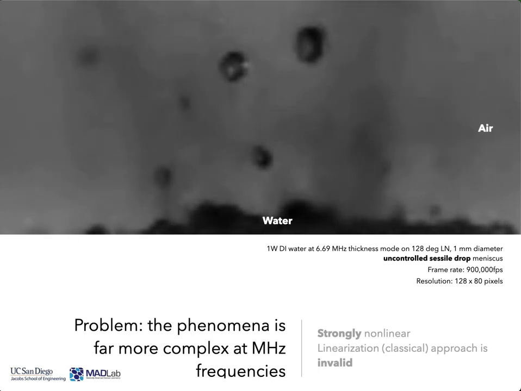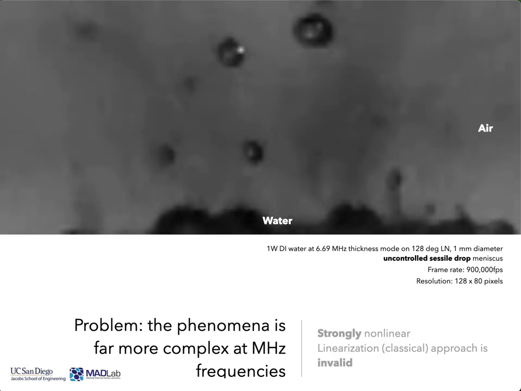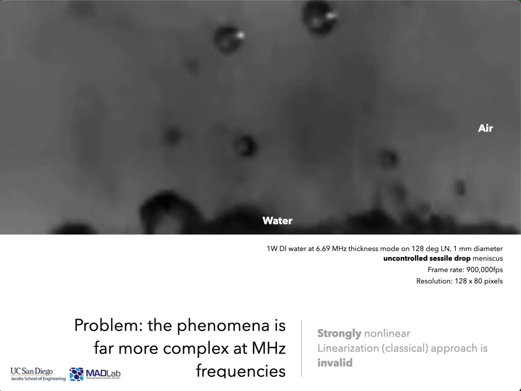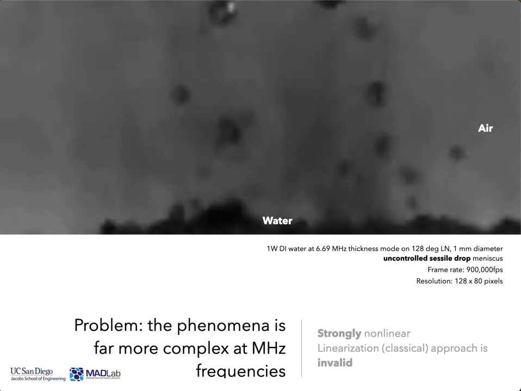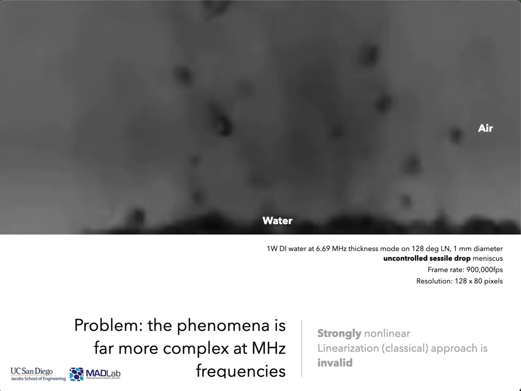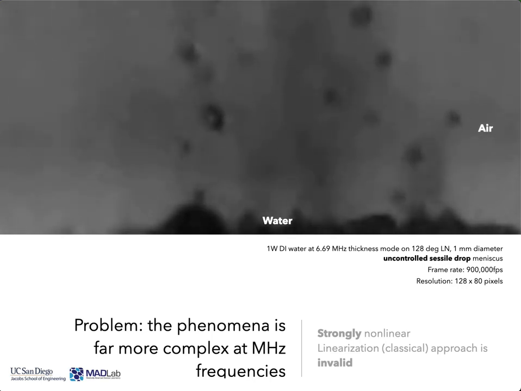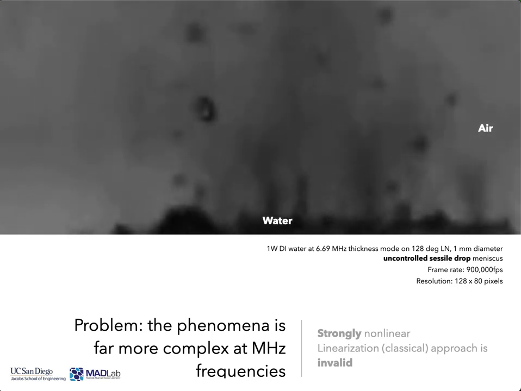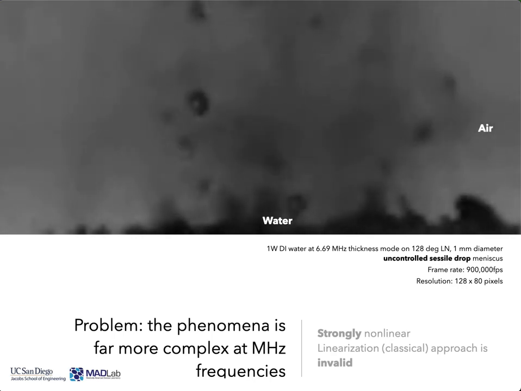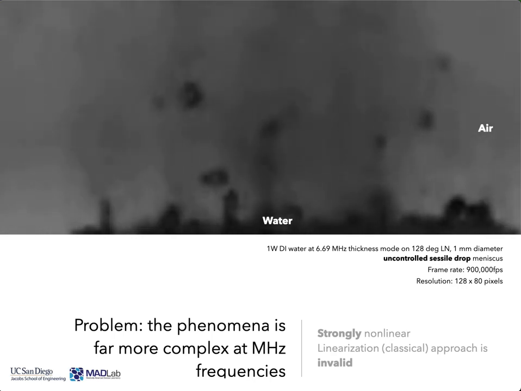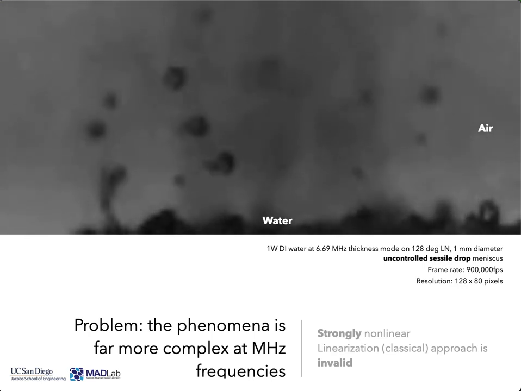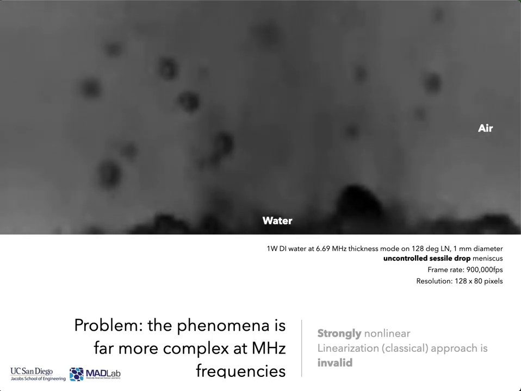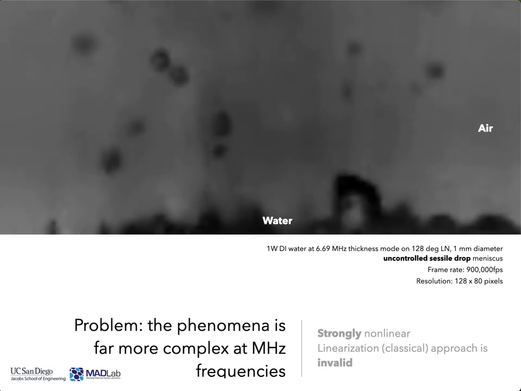This is 1 watt input power into a water droplet about 1 millimeter in diameter, at almost 7 megahertz. So this is actually what we see, and it is in fact a strongly nonlinear phenomenon. The traditional approaches of analysis that try to make sense of what Michael Faraday was seeing really have nothing whatsoever to do with the atomization process.